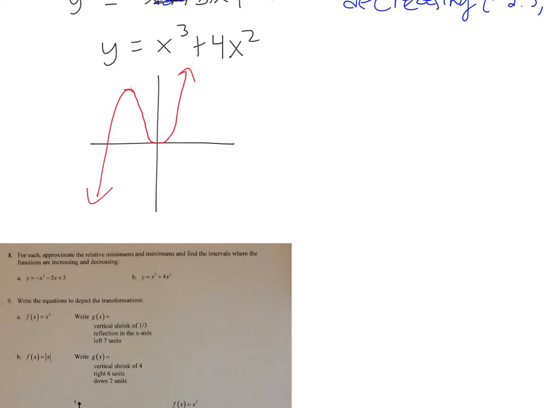So I'm just going to write negative 2.7, comma, 9.5. Okay, so we're going to put that on here, negative 2.7. And now I need my min.